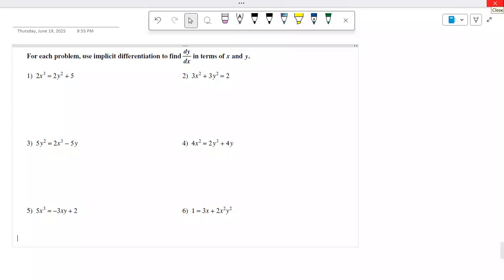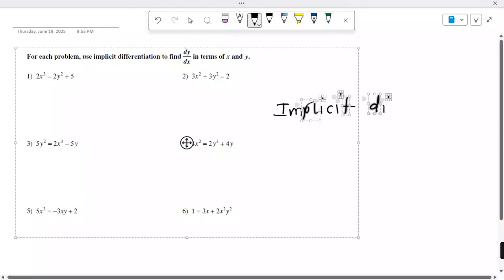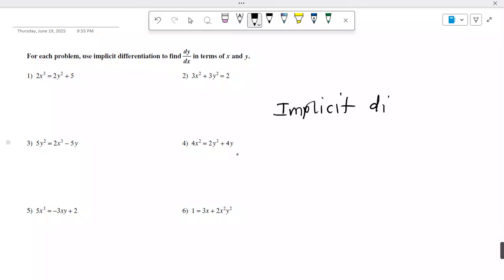So today we'll solve what is known as implicit differentiation.